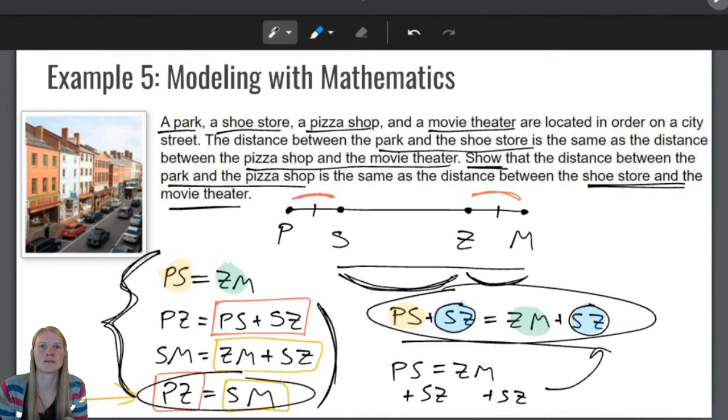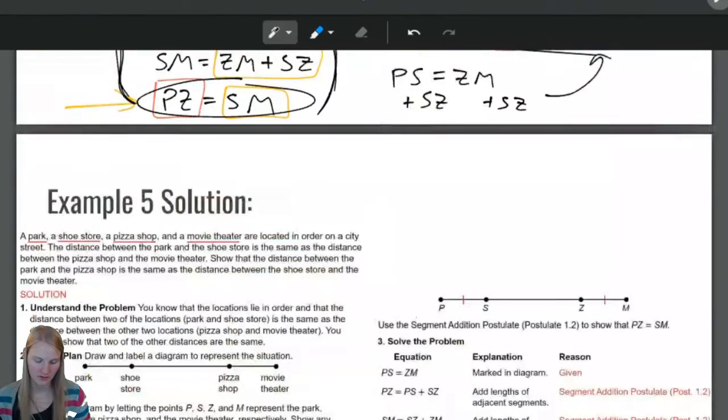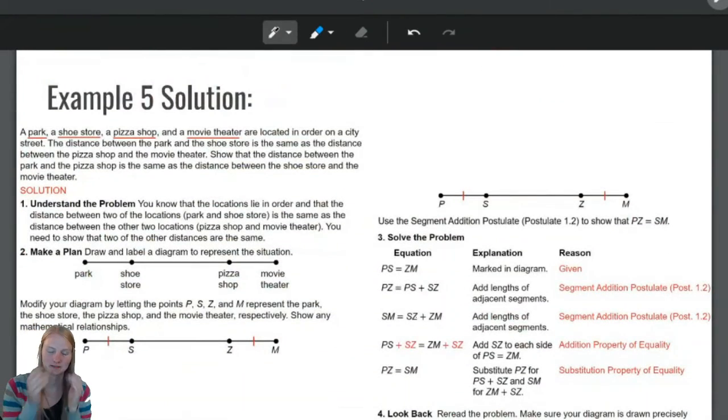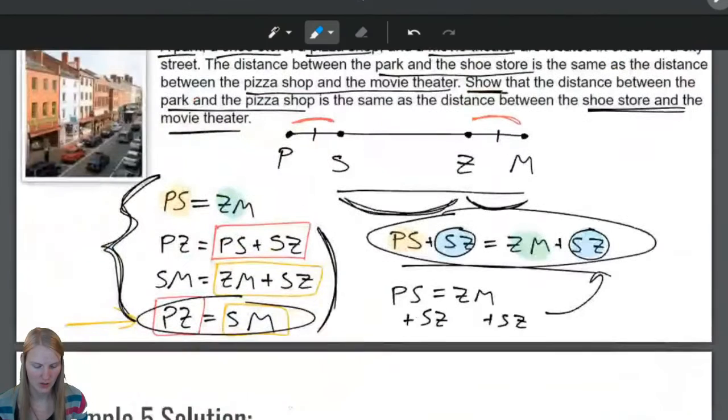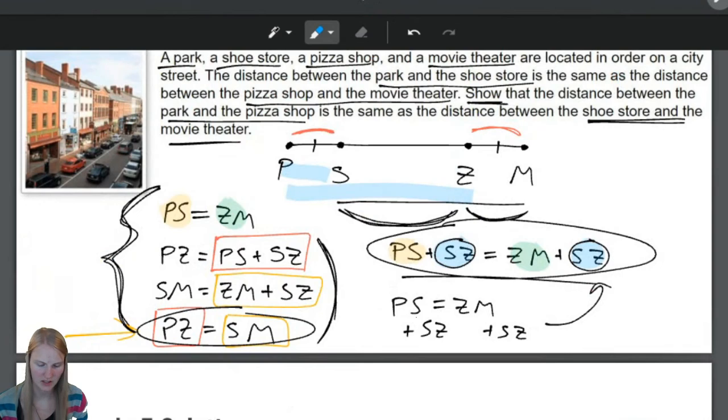So this might seem a little cluttered and a little scatterbrained. Let me show you their solution. It's a little more clean than mine. First thing you do when you're making a proof is you want to understand the problem. So that's what we did when we first looked at PS, PZ.